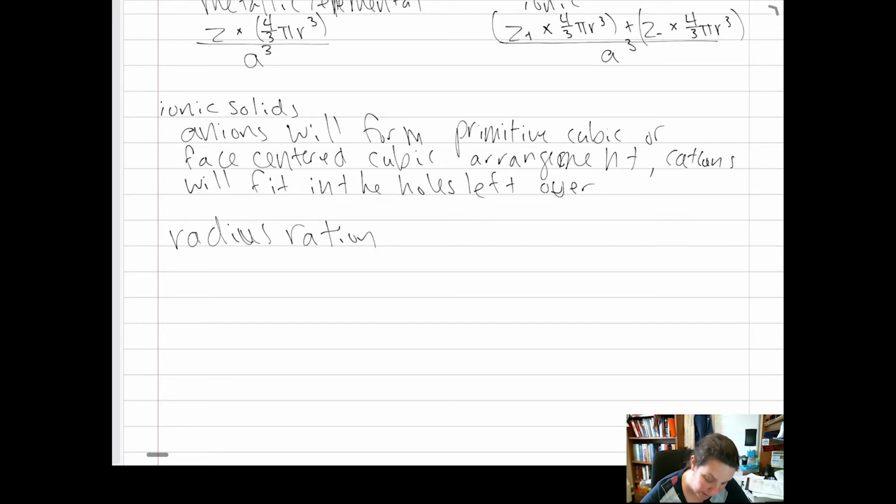If you have a radius ratio between 1 and 0.732, you have a cubic hole, which basically looks like a body-centered cation piece.